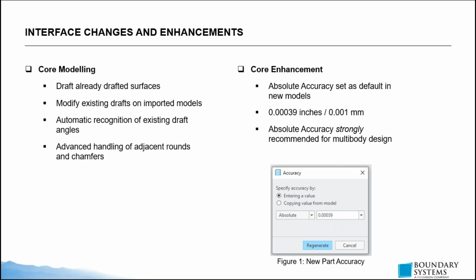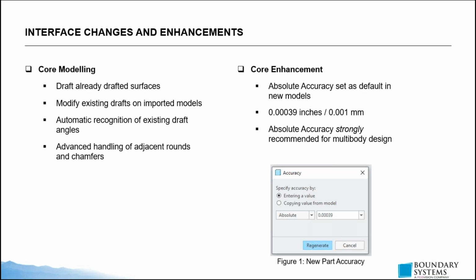When it comes to some of the core modeling enhancements, one of the things they've added is the ability to draft already drafted, curved surfaces, right? And so if I have a cylinder drafting into a cone, I can add a second draft feature on top of that, which will essentially read in the prior draft requirements and just redraft the new surface based off of that.